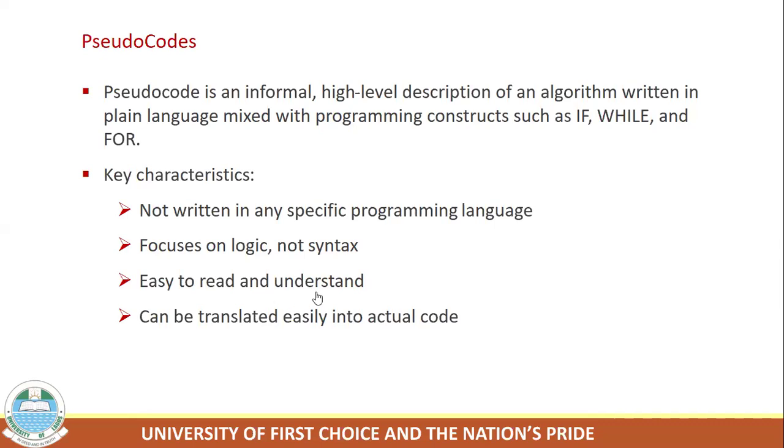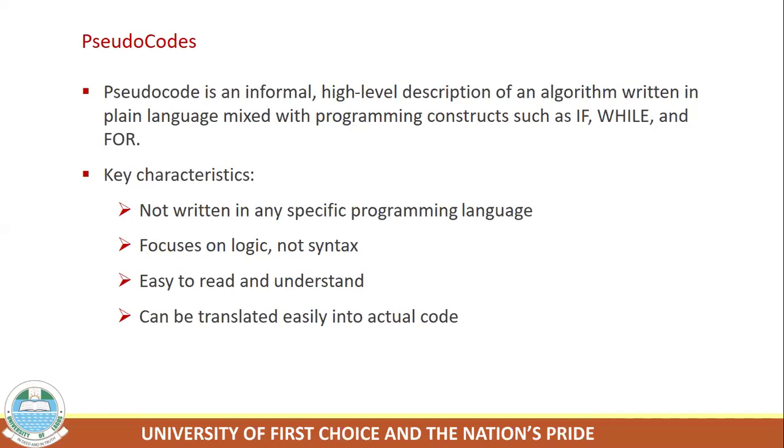It's easy to read and understand, and can be translated easily into actual code. So when you understand the representation, maybe you are not even the person that wrote the algorithm or the pseudocode, but once you look at it, you understand what you are required to do.